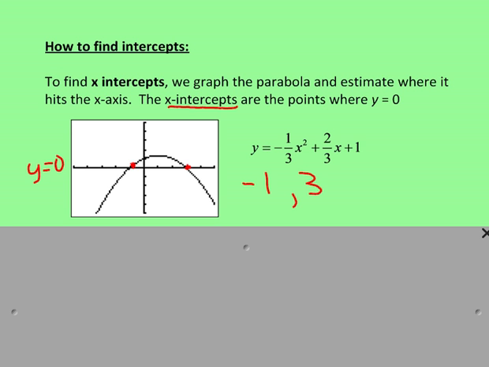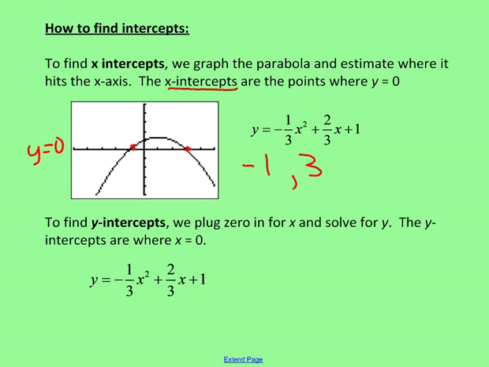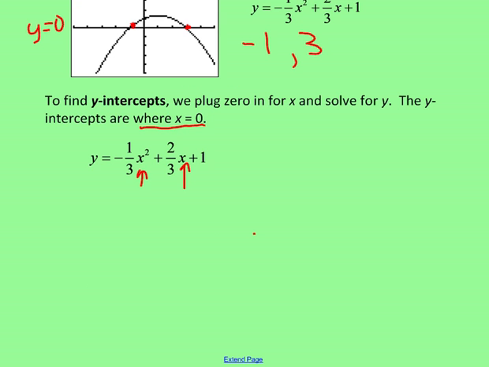When we're looking for y-intercepts, we can find them more exactly. The y-intercepts are where x equals 0. Well, it's easy to plug in 0 for each of these values of x. So we say y equals negative 1/3 times 0 squared plus 2/3 times 0 plus 1.